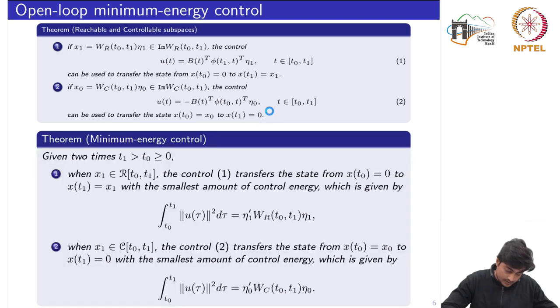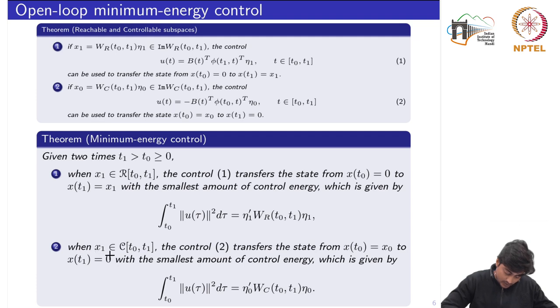Now, based on the analysis we did in the previous slide, this theorem states the minimum energy control: when x1 belongs to the reachable subspace, the control 1 transfers the state from the origin to x1 with the smallest amount of control energy, which is given by this. And we had seen the detailed derivation of this energy.